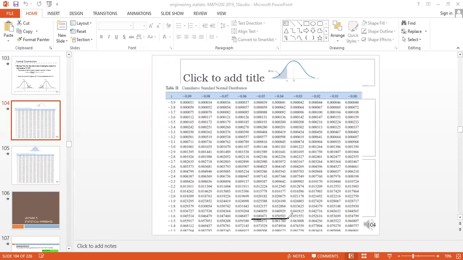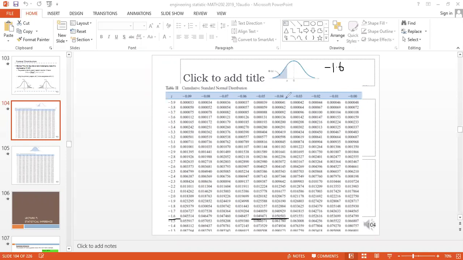Hello, class. Yes, sir. So when we read the Z value that is giving us these two values, that will be negative 1.6, and then the second decimal place will be what?